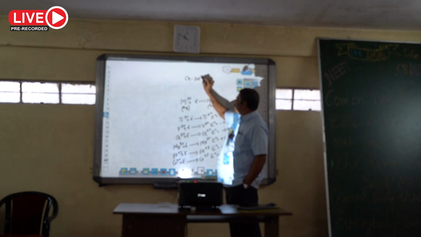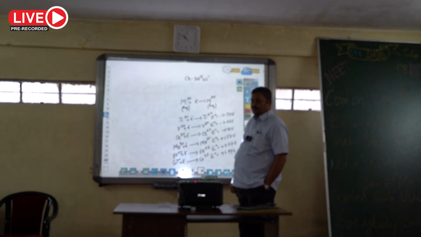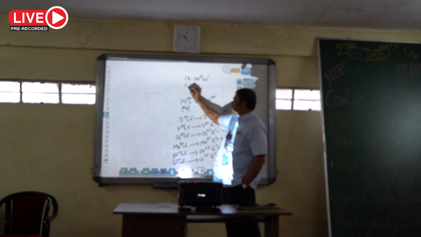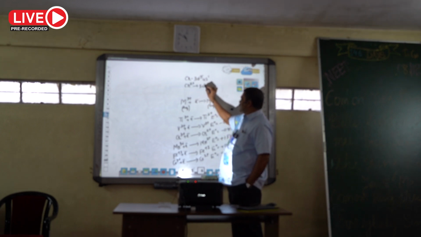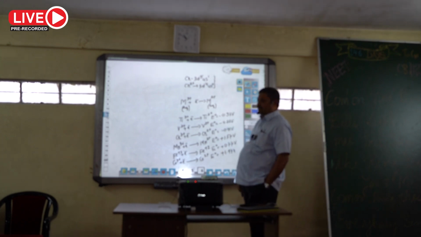d5 4s1. And chromium 2+ is 3d4 4s0. This is case 1.